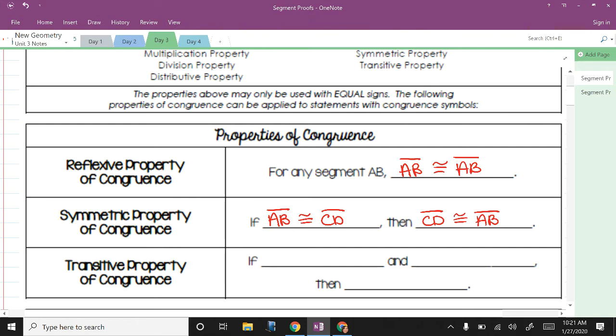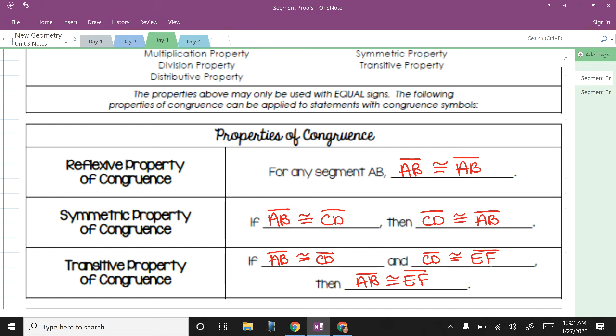With our segments, if segment AB is congruent to segment CD, and segment CD is congruent to another segment, EF, what can I say? If they're both congruent to CD, then AB is congruent to EF. So if two things are congruent to the same thing, like here they're both congruent to segment CD, then those segments are congruent to each other.